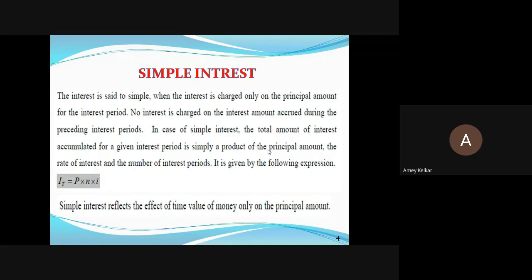So that is what we have in simple interest. Simple interest reflects the effect of time value of money only on principal amount. So it is quite simple. I'm just giving you all this definition. We don't use it generally. Everything that is done in banking, economics, and accounts is all based on compounding interest.